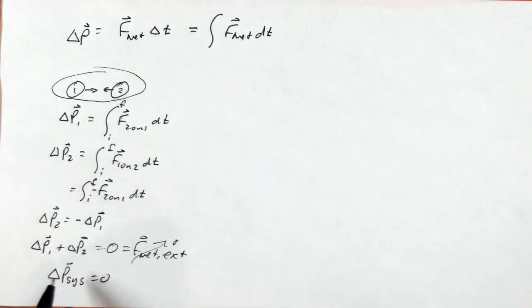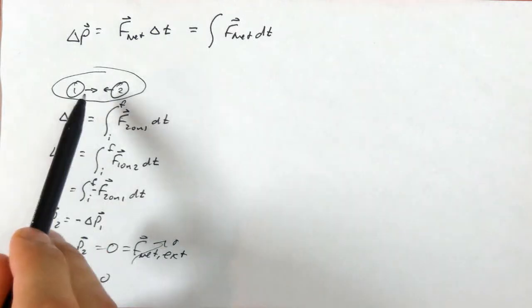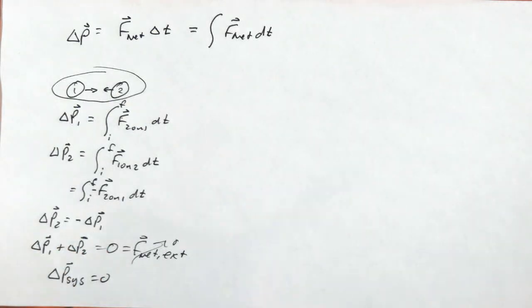And notice this is a vector, which means delta Px system is 0, delta Py system is 0. All components of these changes are 0 separately. So this is actually 3 equations for 3 dimensions. This is conservation of momentum, and it's true whenever we can choose a system such that all the interactions are inside our system. We just have to then catalog all the momentums of each piece of our system.